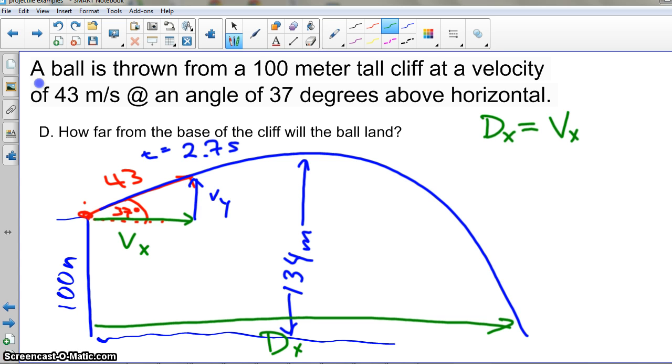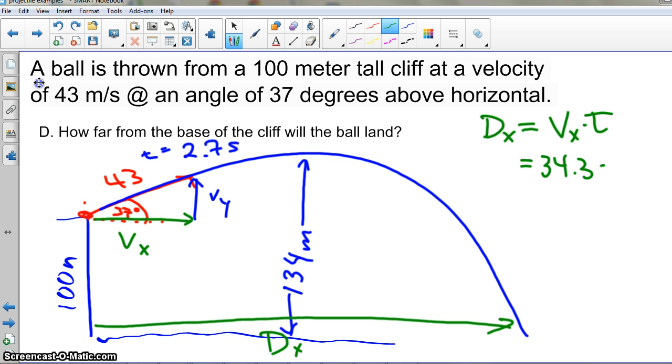Just v times t. So vx times t is all we've got to do here. And in fact, we already have the vx. We found that in the very first problem. What was that again? 34.3? So all we've got to do is multiply that by the time, and we'll be done.